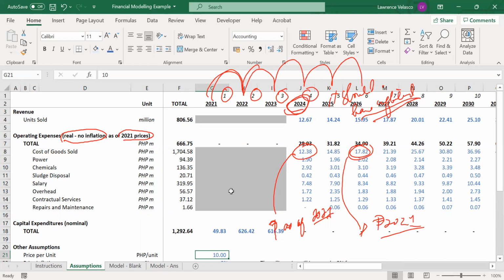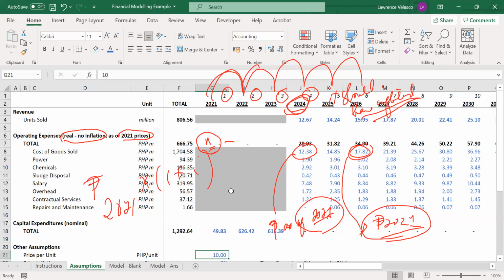Kasi lahat ng mga ito ay prices as of 2021. And how do you do that? You do that kung ano yung 2021 prices times 1 plus the inflation rate raised to n. Right? N here refers to the number of years of inflation needed.